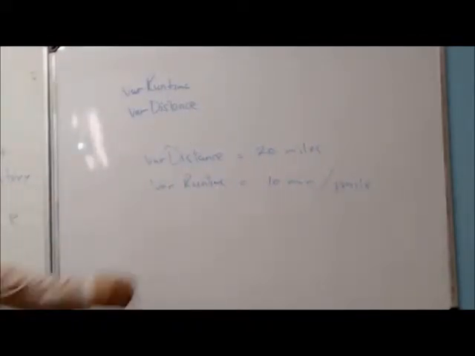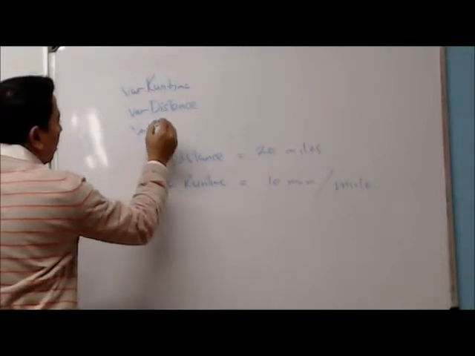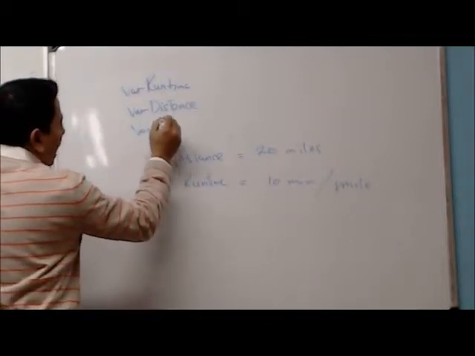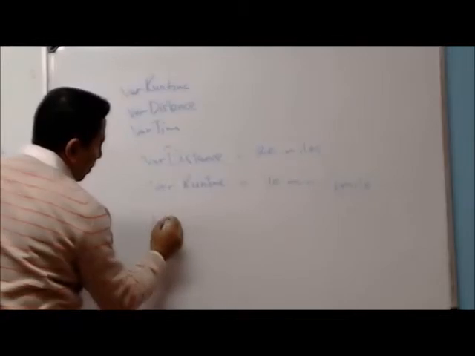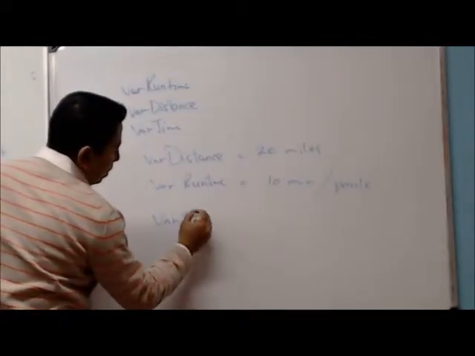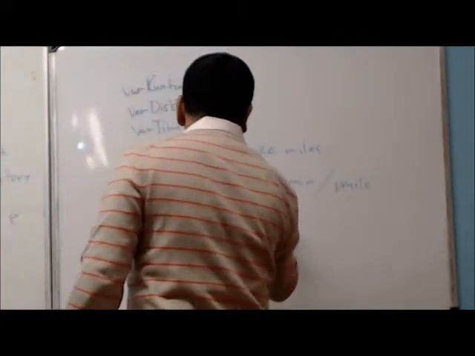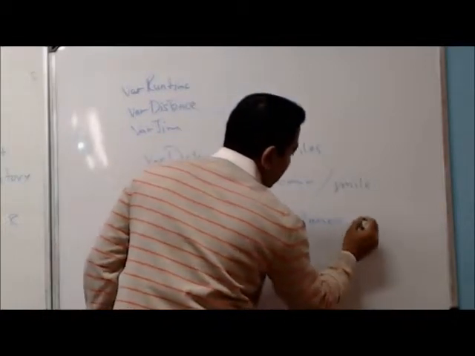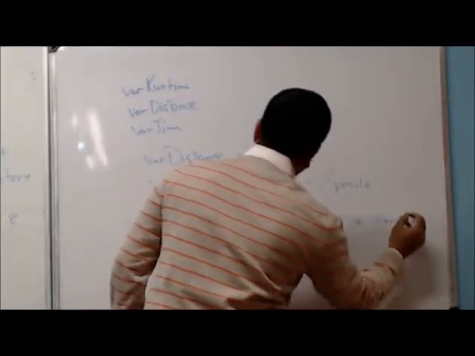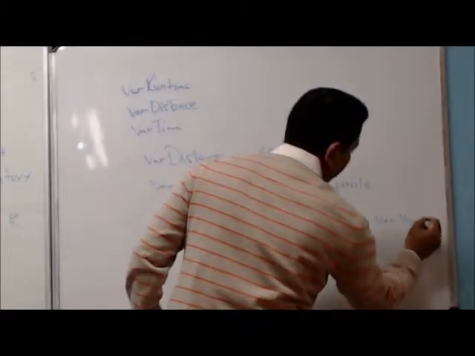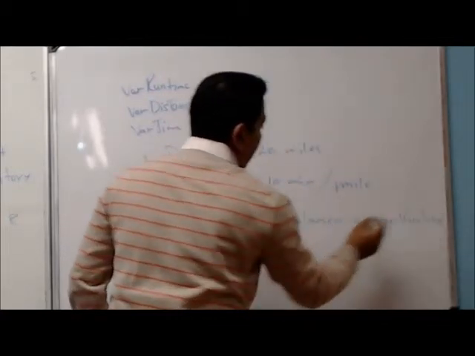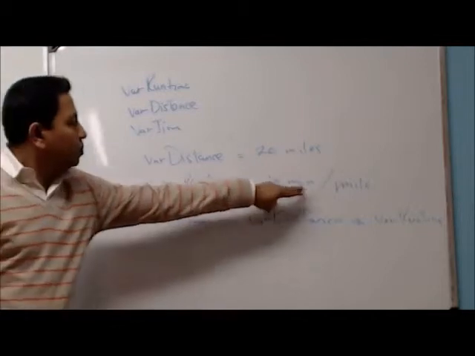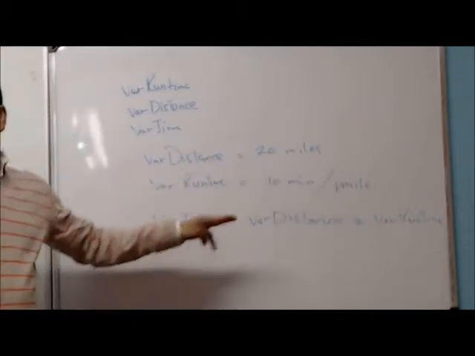Okay? So I can put another variable, time. Variable time equals variable distance times variable runtime. Because it takes me 10 minutes per mile, how many miles I have is going to be times.